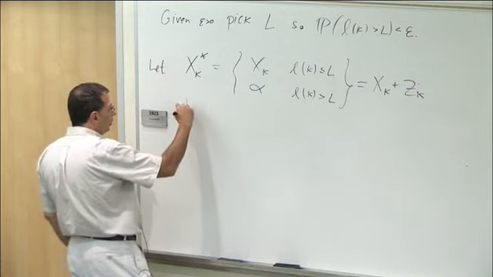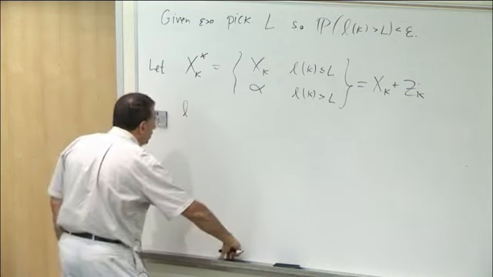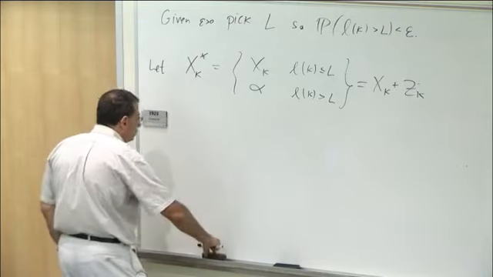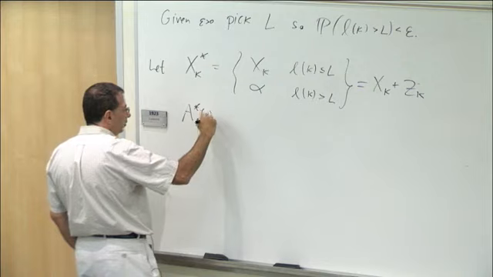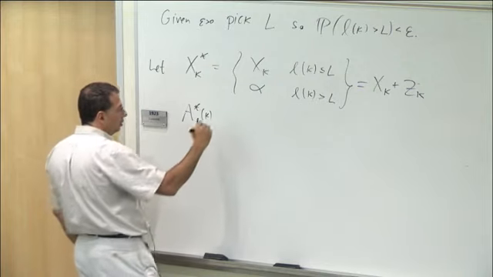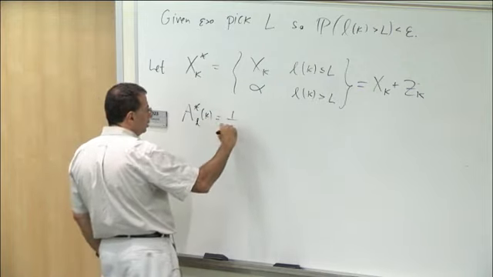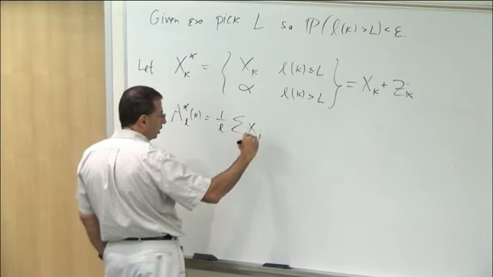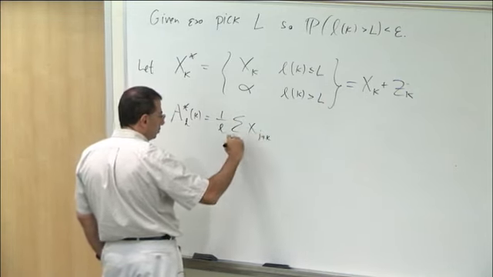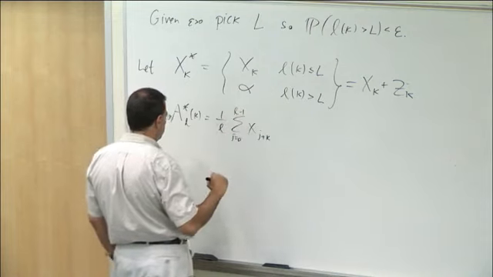All right, so we define x_k star this way, and now we define A_l star of k as the averages of the x star, so x star of j plus k, j from 0 to l minus 1.